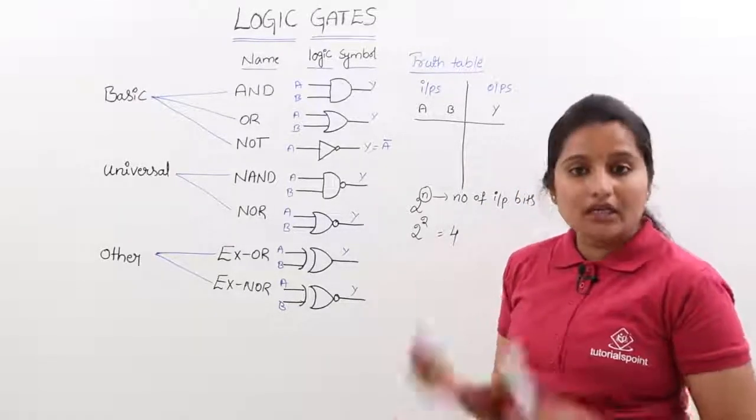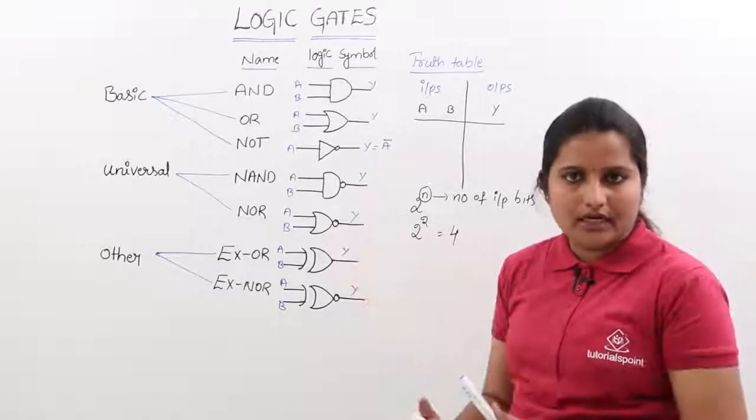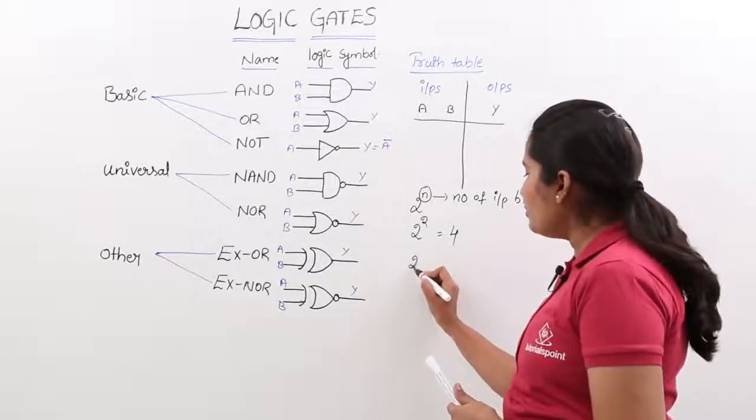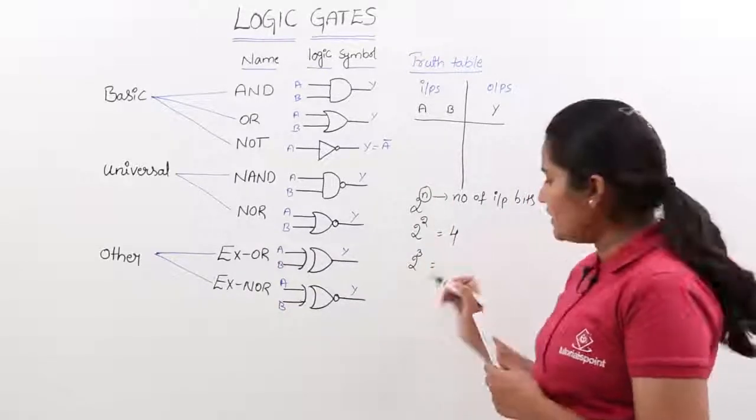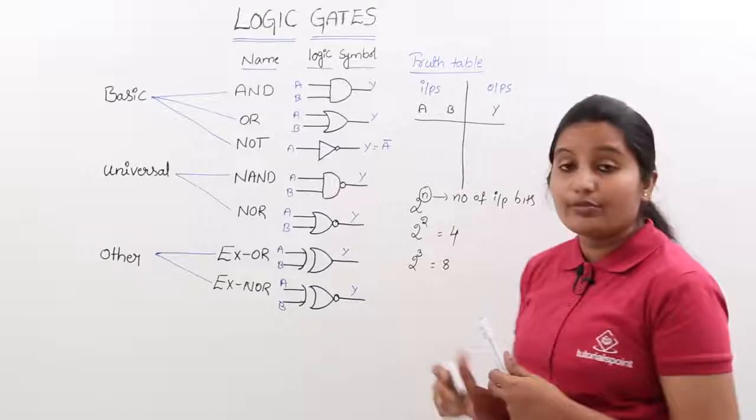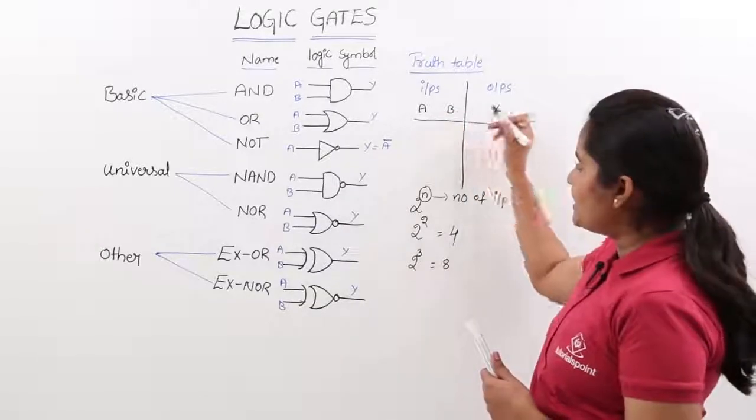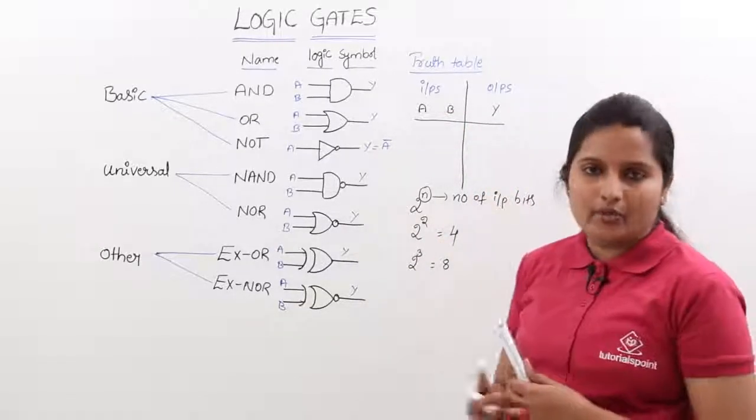If you are having a 3 input gate, you may have 2 cube combinations of inputs in the truth table. That means 8 input combinations. That means A, B, C, you will get 8 combinations.